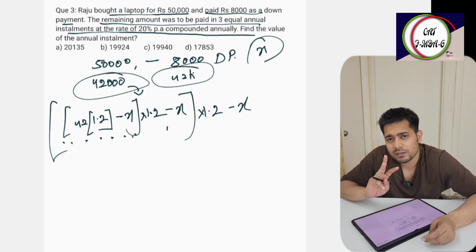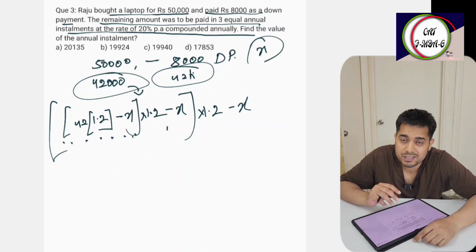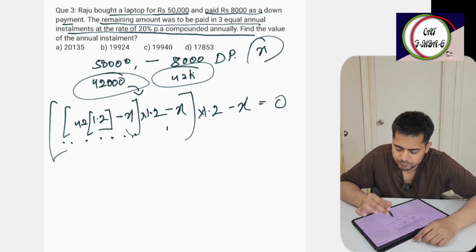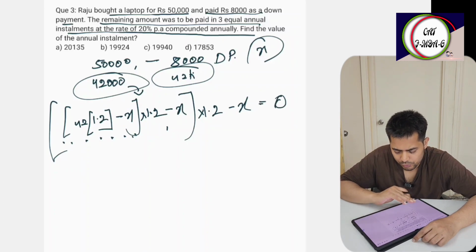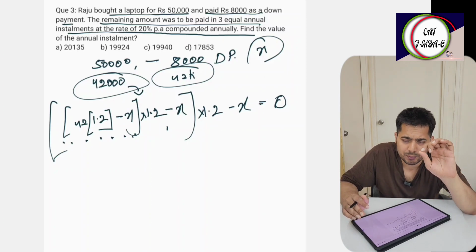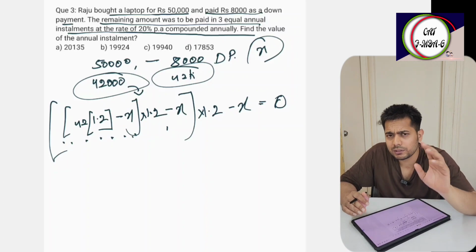And now he has paid 3 equal installments, so he has paid all the 42,000 he has borrowed. So this amount total will be 0. This is how you write this equation. Let it be 3 equal installments, 4 equal installments, 5 equal installments, this is the only correct way to represent this data, and you can easily solve.